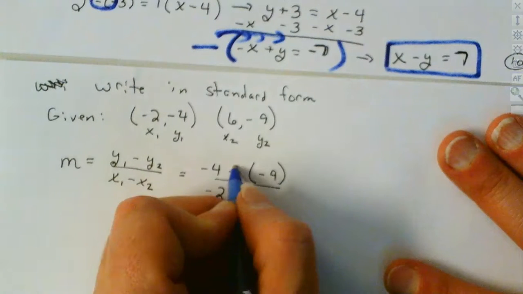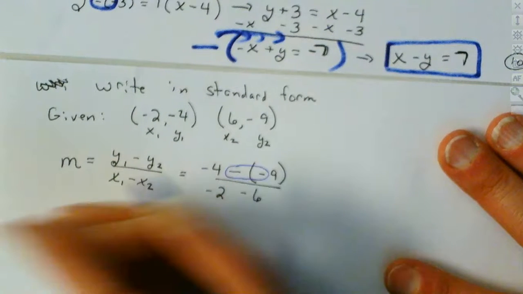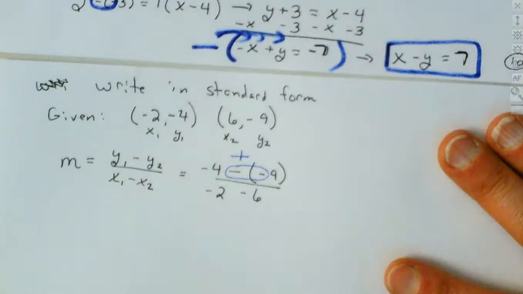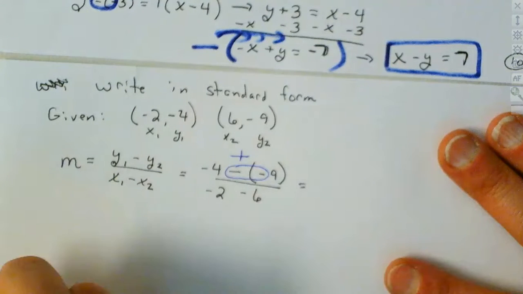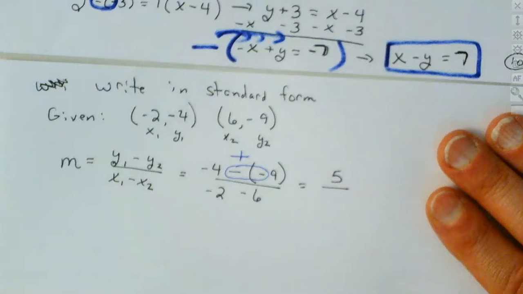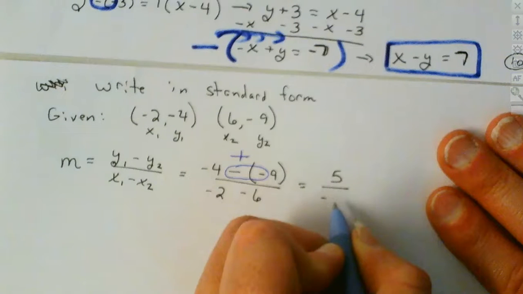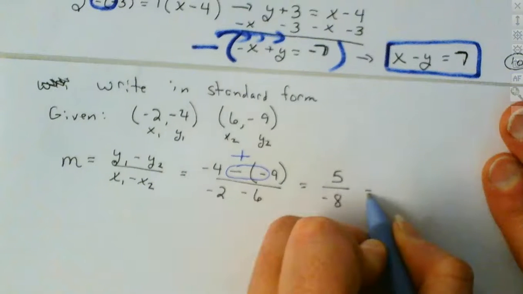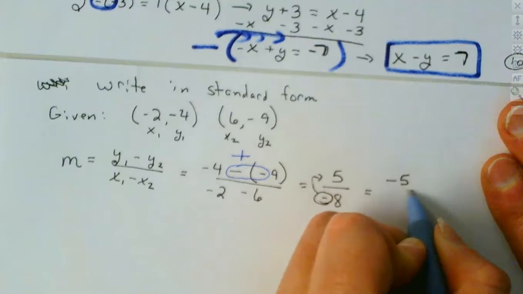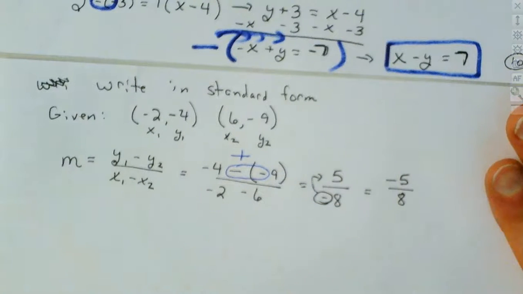Now we know the double negative here, right? Double negative here is going to make that then a positive 9, and minus 4 plus 9 makes it a positive 5. Down below we have a minus 2, minus 6, that makes it a minus 8. And we'll bring that negative up to the top. So now we have a minus 5/8.